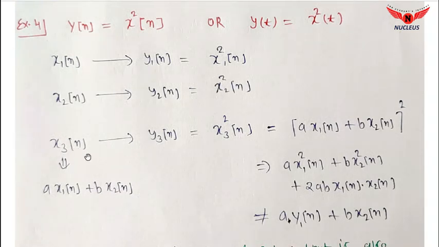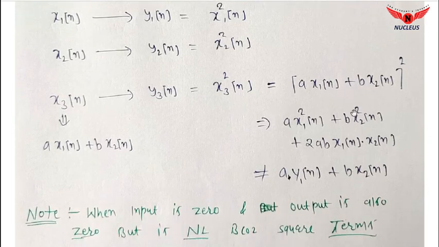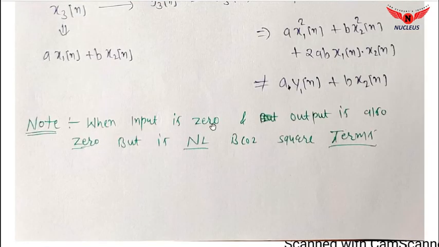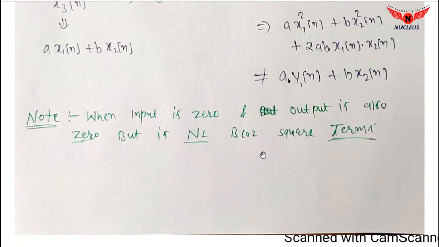So let's consider x3 is the linear combination a x1 plus b x2, and y3 you can write as x3[n] square. So put the value of x3, we will get this one, and you can't write this equation in this form. So the system is non-linear. You have to remember this point: when input is 0, output is also 0, but in this case the system is non-linear because of the square term.